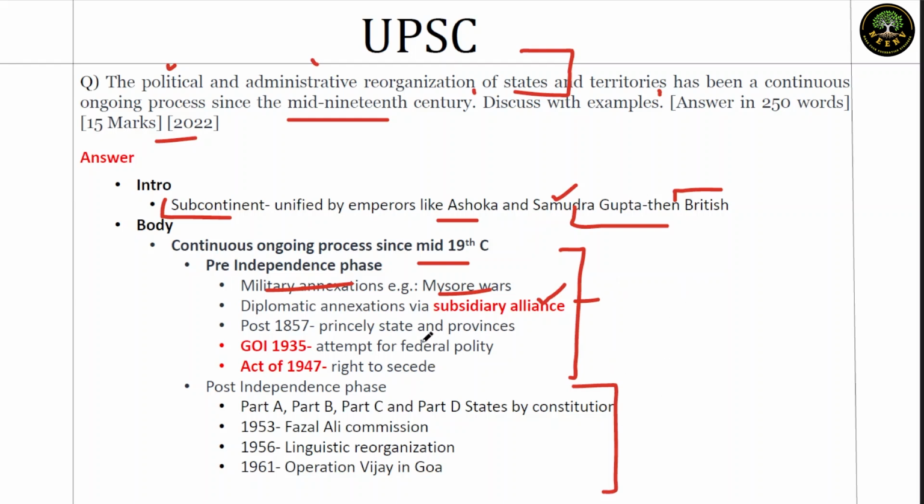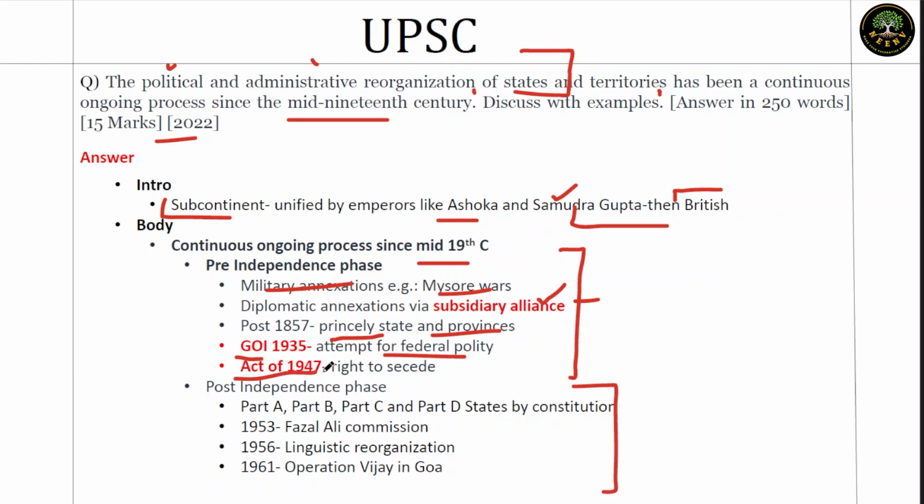Then post 1857, princely states and provinces were formed. This is the Act of good governance. So every state accepted the British paramountcy. Then in 1935, there was an attempt to create a federal polity, but this didn't work out because the princely states didn't agree. But there was an attempt, so this also can be seen as an ongoing process of political unification.